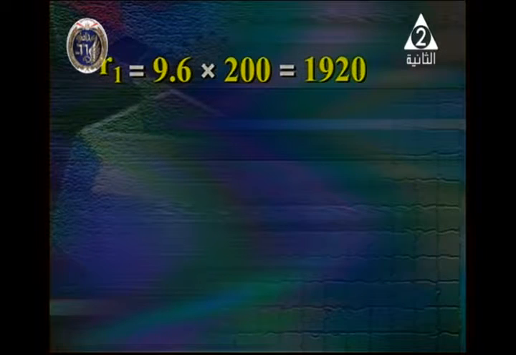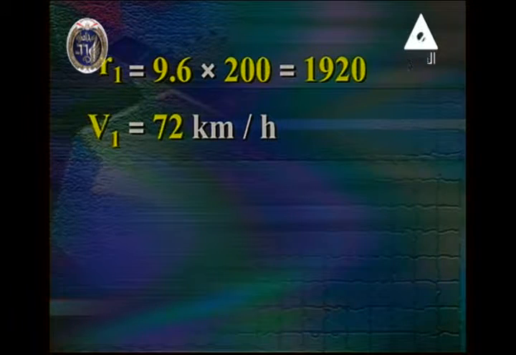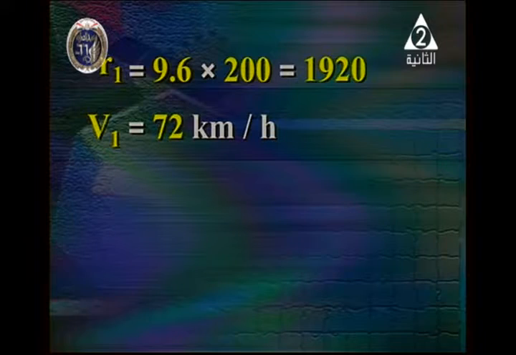Solution. Dear student, resistance R1 is 9.6 per 1 ton. Remember, mass of train 200 ton. R1, resistance of the train, is 9.6 times 200 equals 1920.